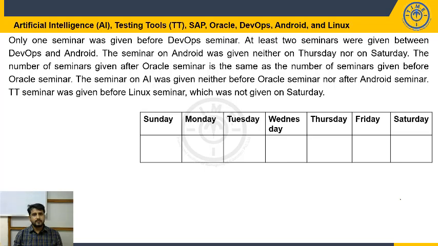Now let's go through the information. Only one seminar was given before the DevOps seminar. So before this there will be only one seminar, so this has to be given on Monday. So this is fixed. At least 2 seminars are given between DevOps and Android. So it cannot be Android.